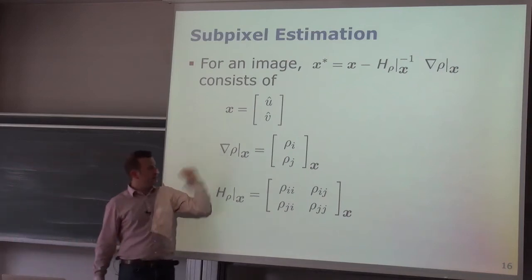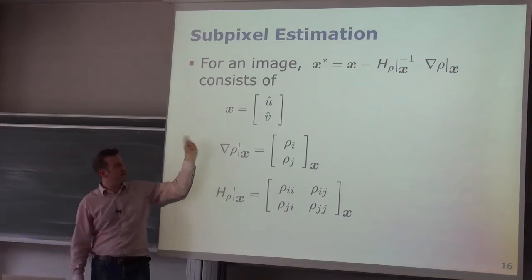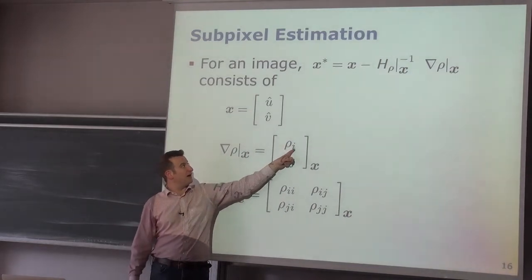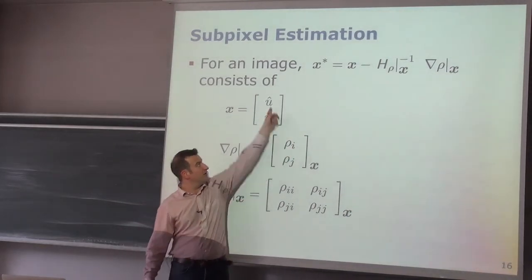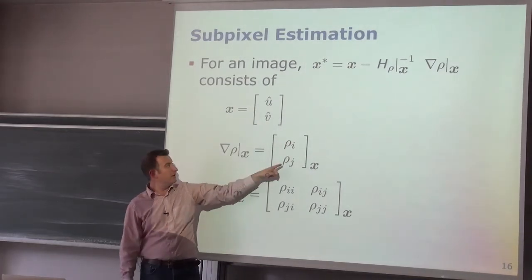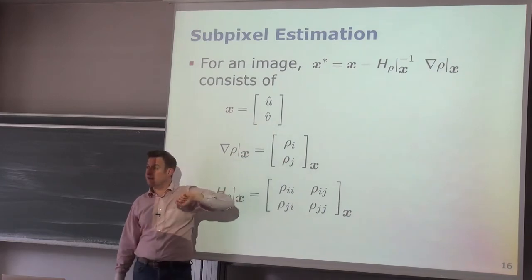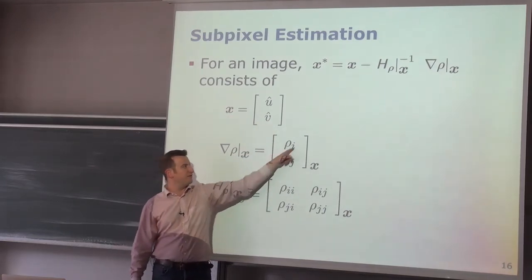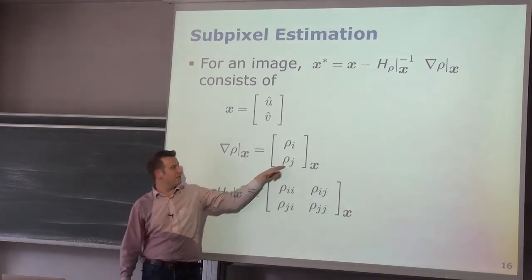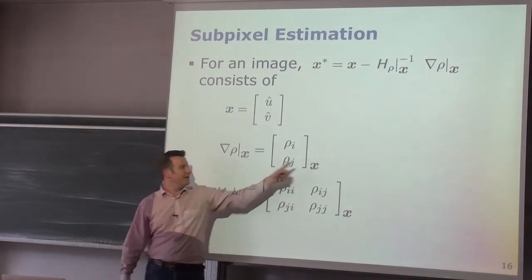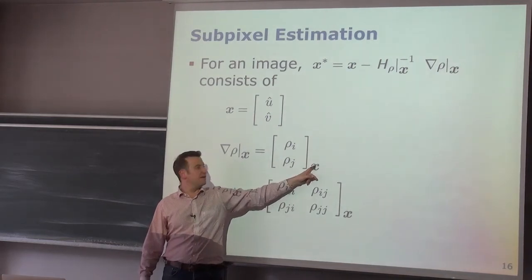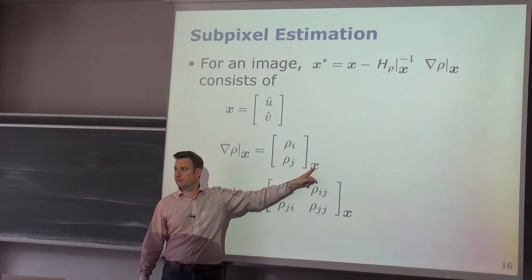Then I have the first derivative of the function rho. It is the first derivative in the i direction, so i corresponds to x. In the i dimension, I update the shift u, and in the j dimension, I have the update of the shift v. So this is the first derivative in the x dimension and the first derivative in the y dimension, evaluated at the current best estimate that I have at x.